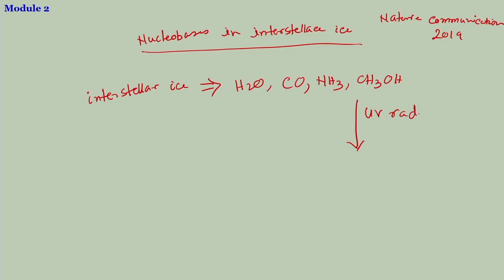So they have used a high UV radiation on this composition. They have taken a composition of all these molecules and started irradiating with a high UV dose. Whatever they obtained after that, they processed further with high temperature.